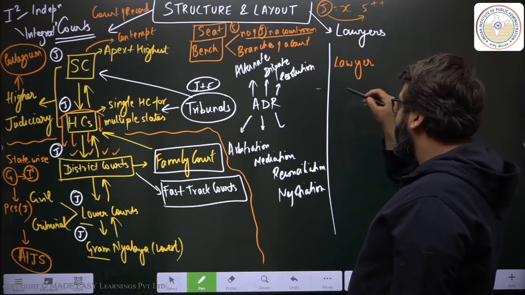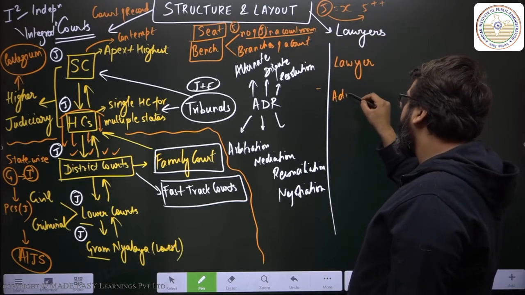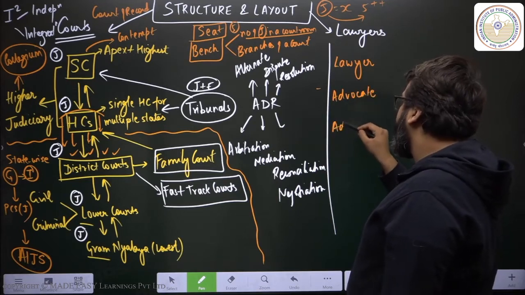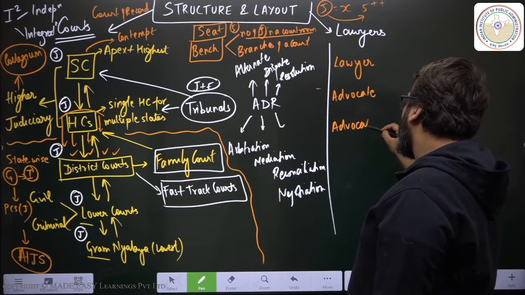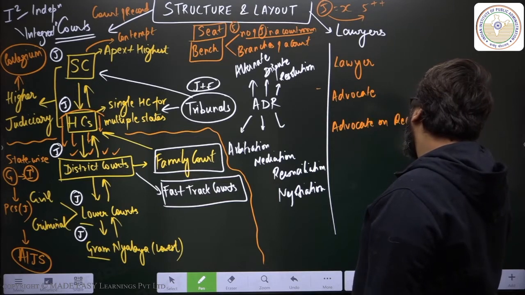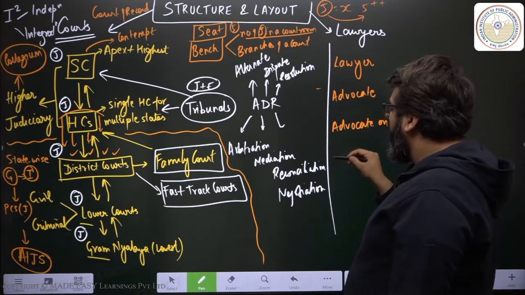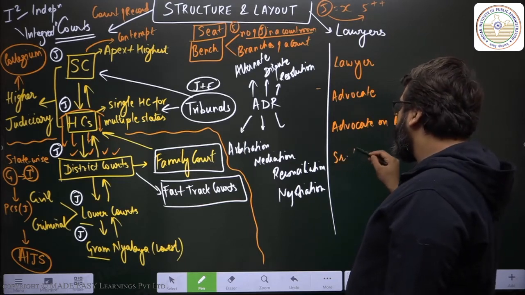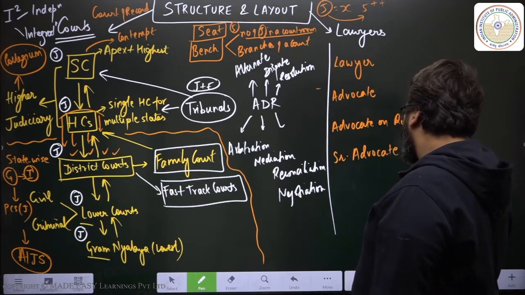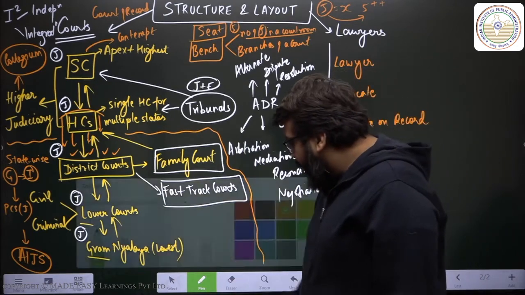Who is an advocate? Who is an advocate on record? And who is a senior advocate?